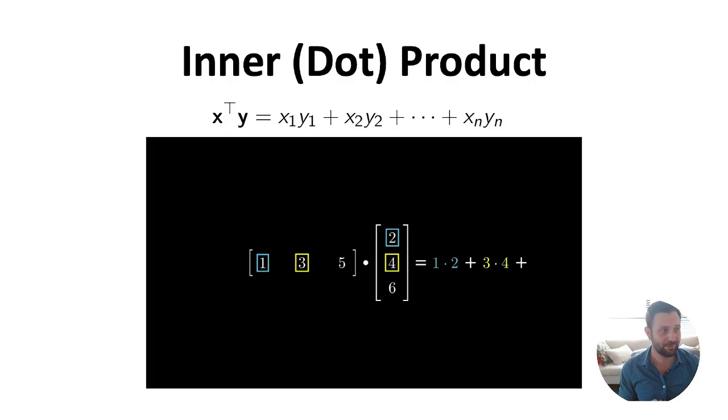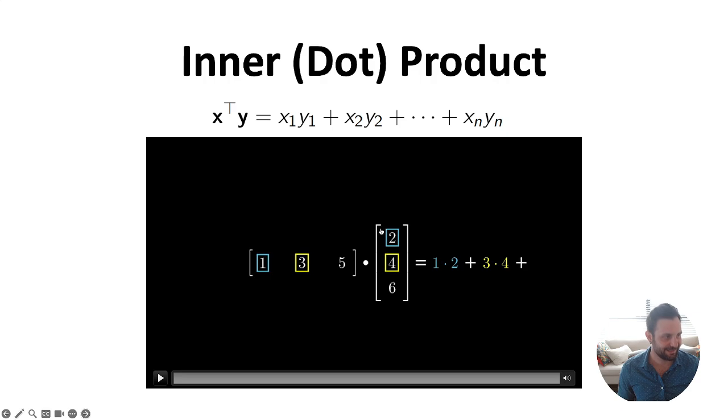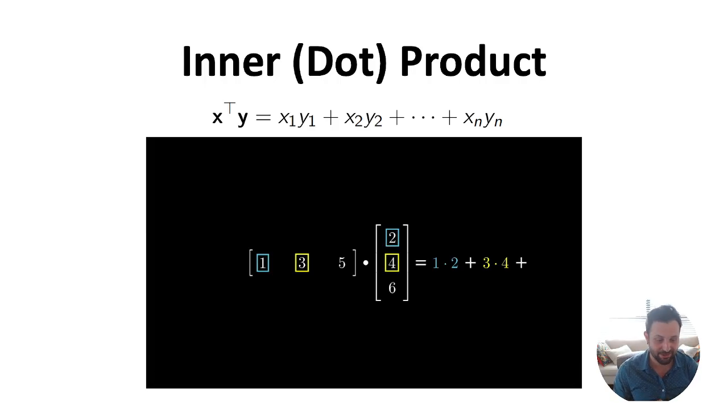They don't get dot producted directly, just like in scalar algebra, where putting two scalars next to each other means multiplication: AB is A times B. A dot B or X dot Y is represented with X transpose Y. The reason is that we leave Y untouched as a column vector, and we put the transpose, meaning the reshaped version of the other vector, next to it.